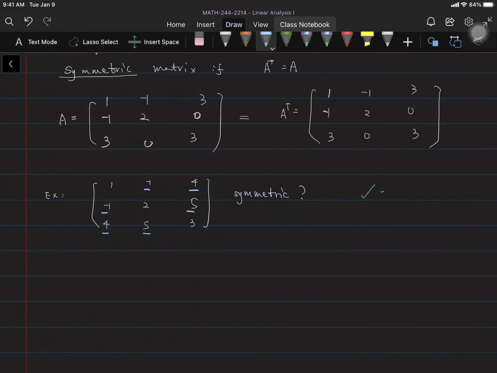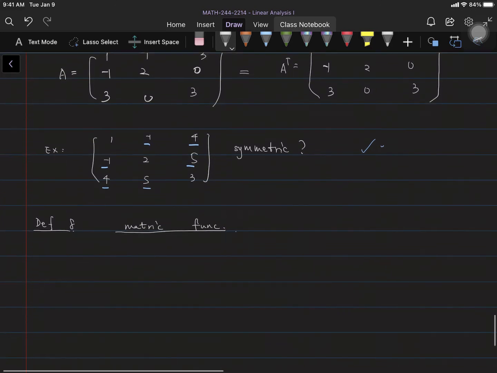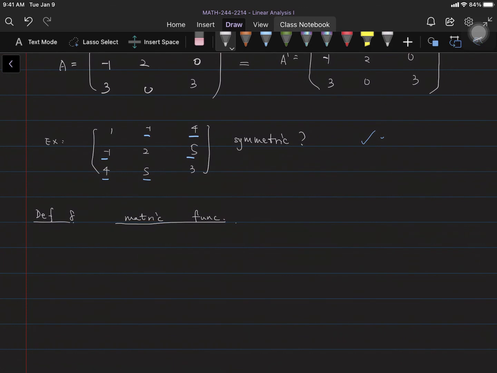And the last definition in this section is called the matrix function. Definition A. A matrix function means the elements can be functions, that is, the elements are functions. For example, let's take a look at this matrix.